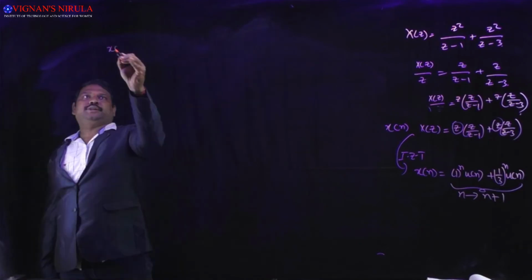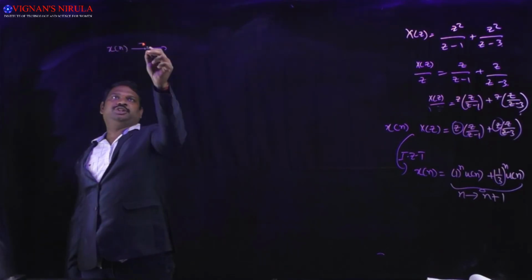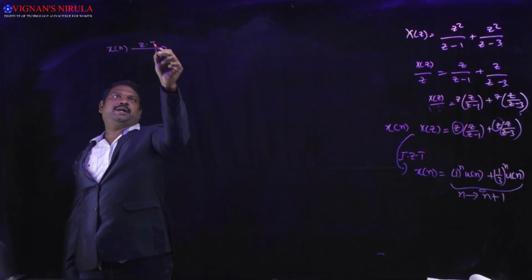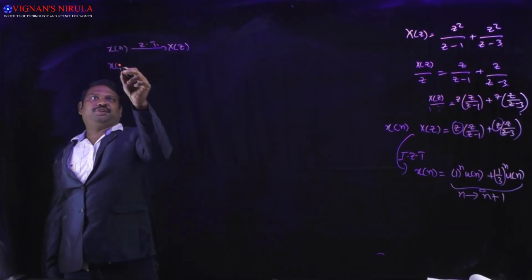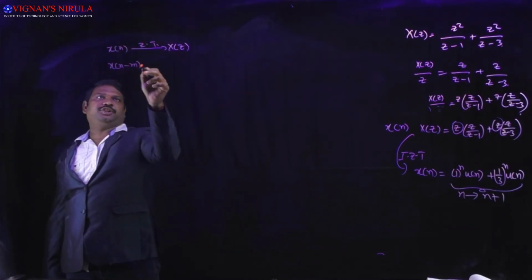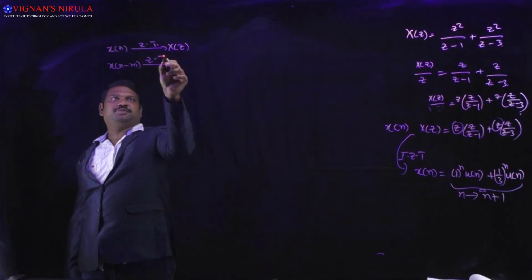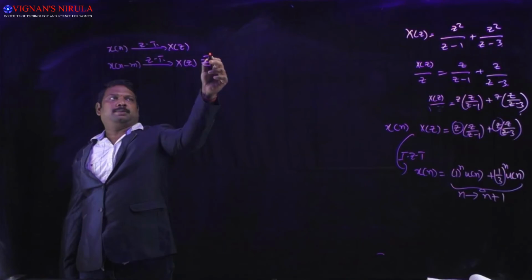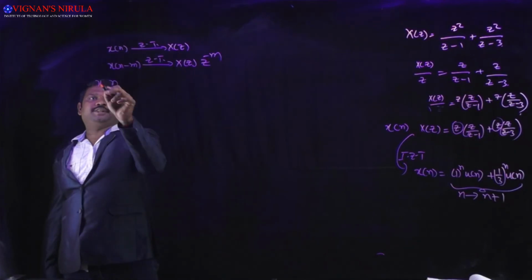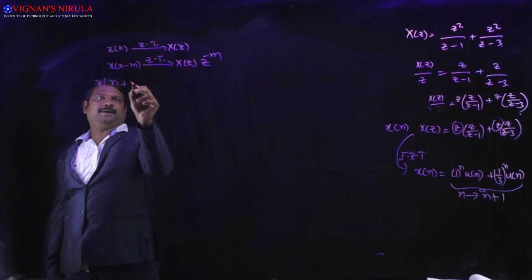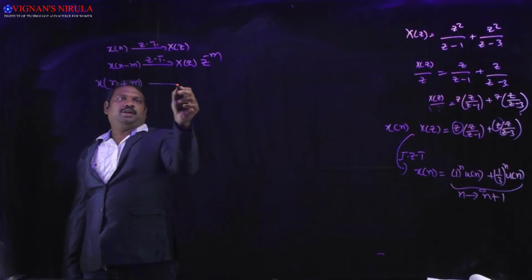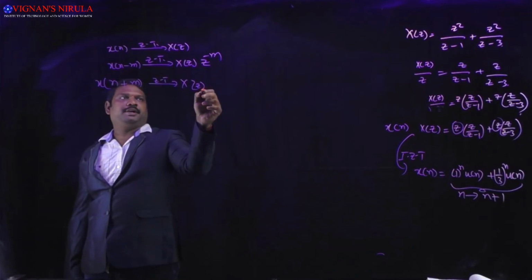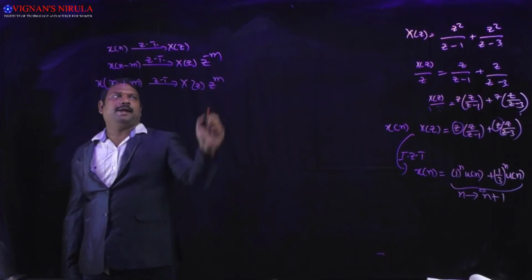We know that for x of n, whose z transform is x of z, by the shifting property x of n minus m has the z transform x of z into z power minus m. Now, when we take x of n plus m, its z transform is x of z into z power m.